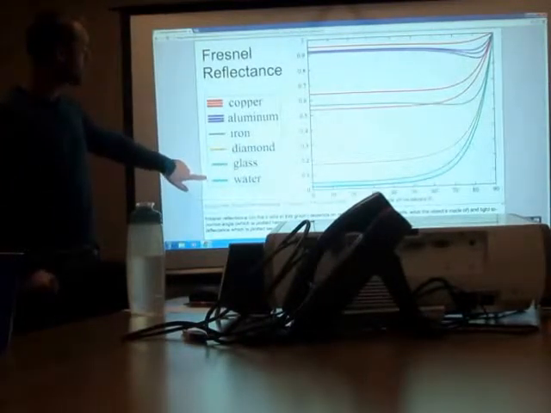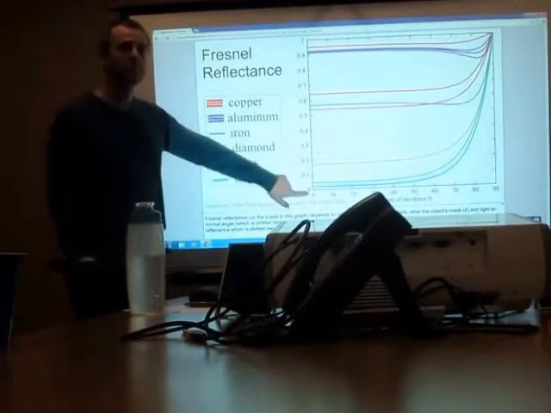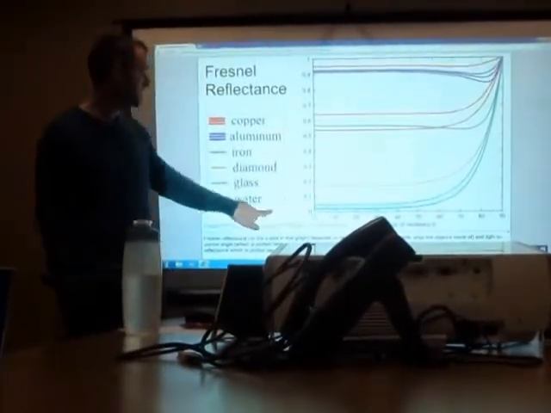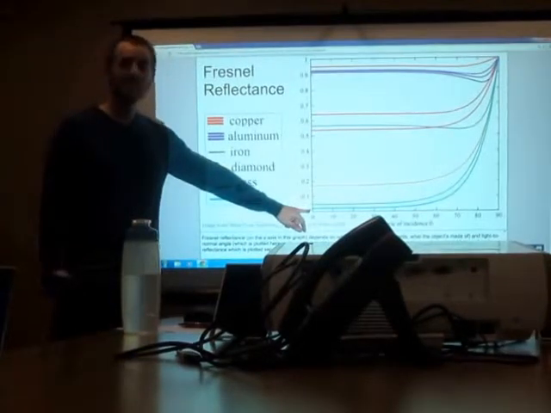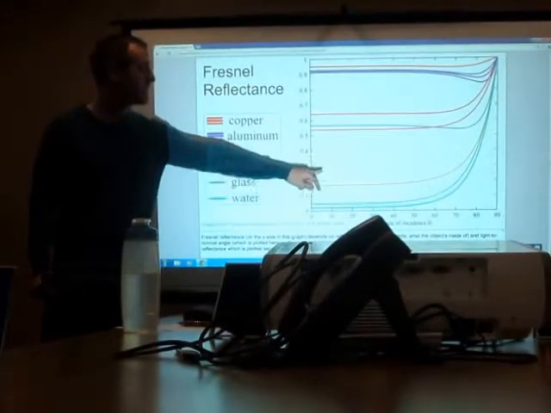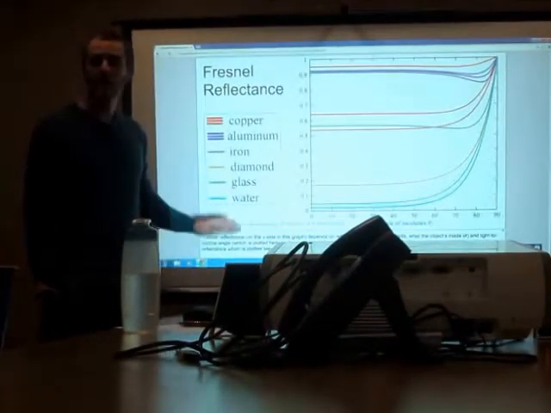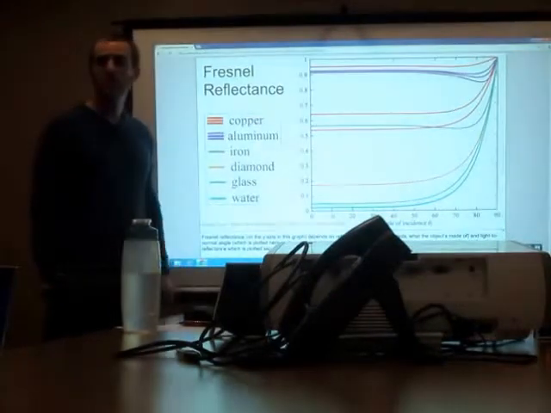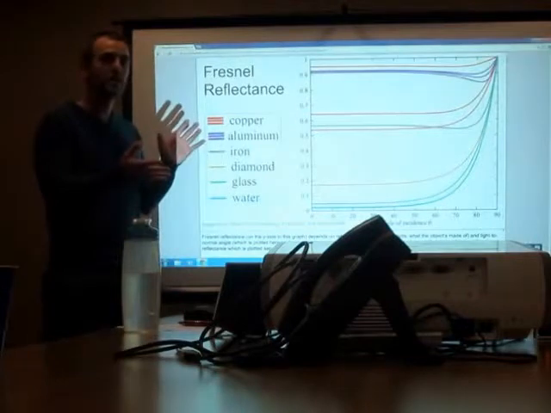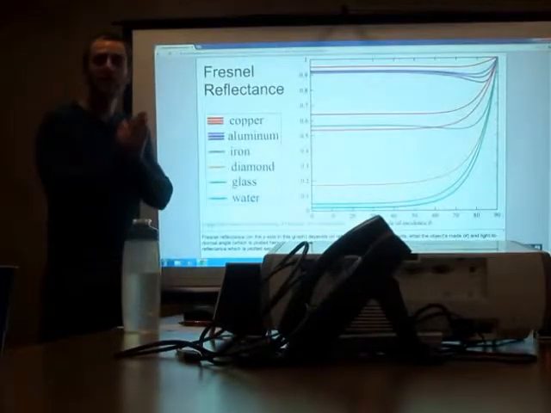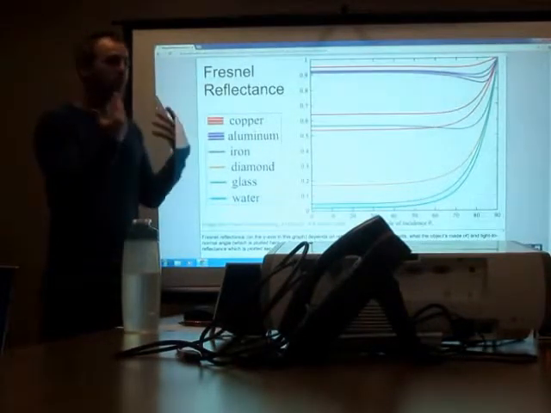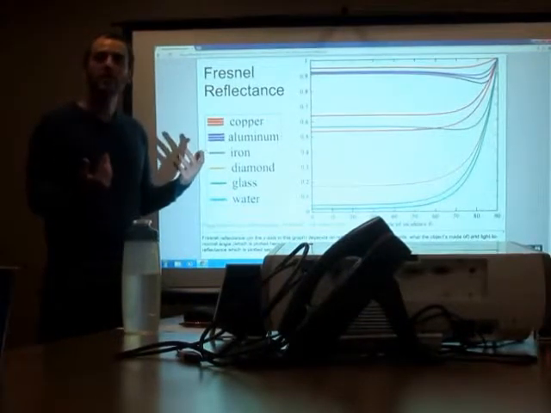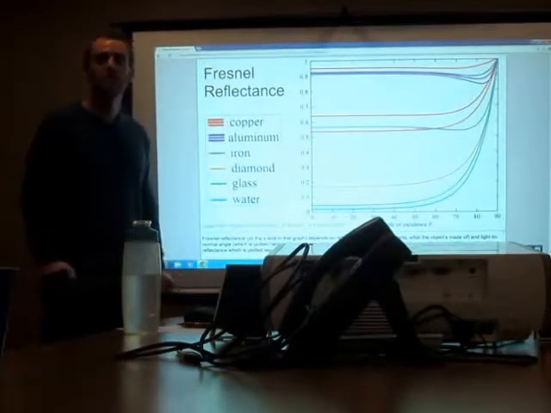Most nonmetals are monochrome specular. So this solid line is the line for water. So it's like 2%, and then it goes up to 100% at grazing angles. Glass starts off at around 4%. So you can see, if you looked at yourself in a glass window, the reflection that you'd see would be about 4% the brightness that somebody looking at you would see.